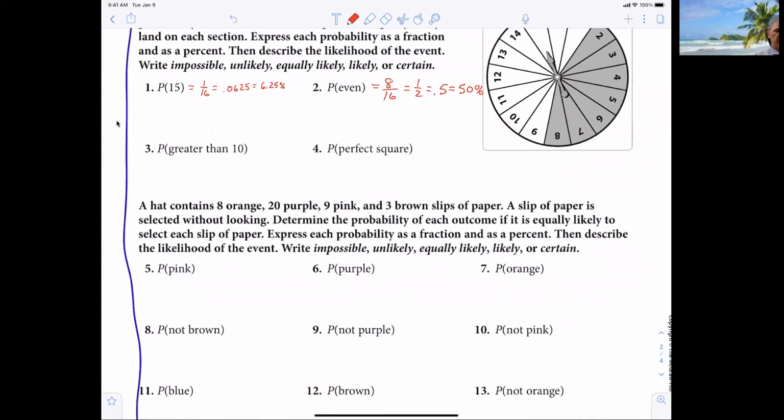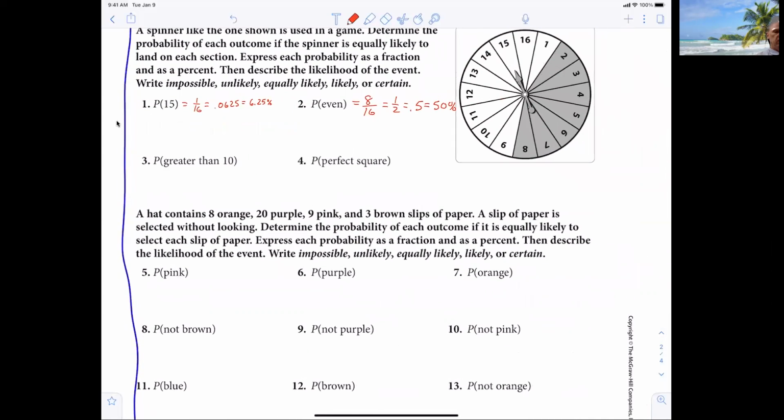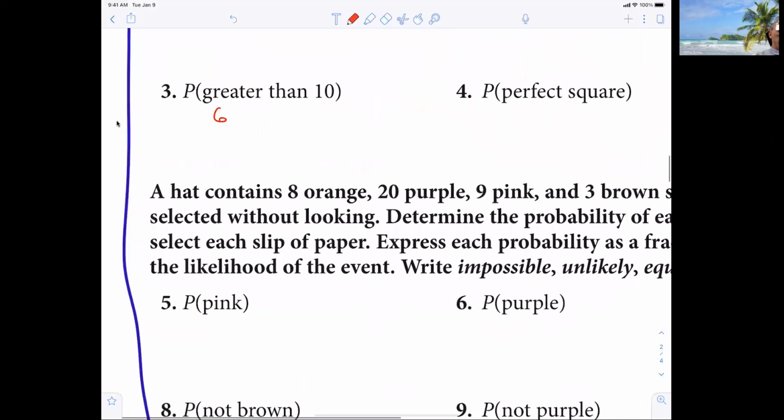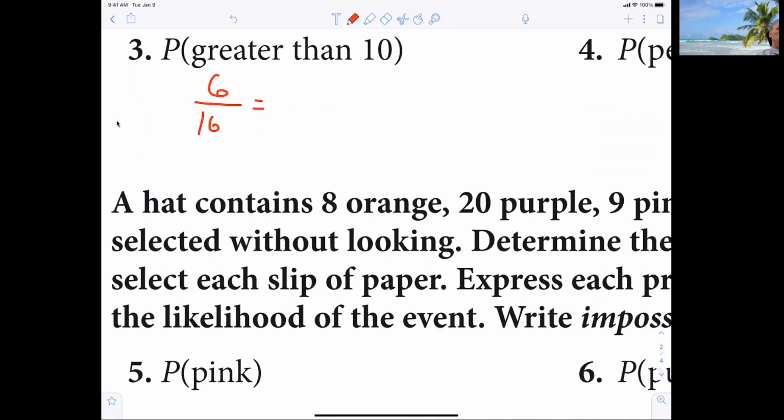Jolie, how many are greater than 10? 6. Good. 6 out of what? 16. Which reduces to? No, don't use a calculator. What am I dividing each of those by? 2. So what's the top? 3. Over? 16 divided by 2.